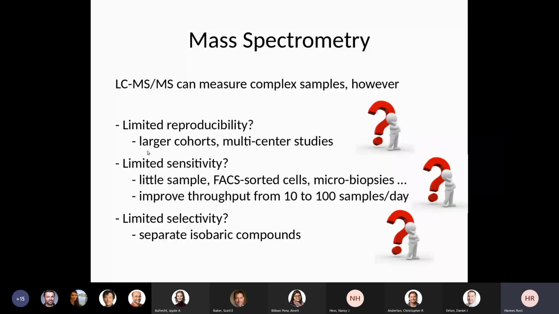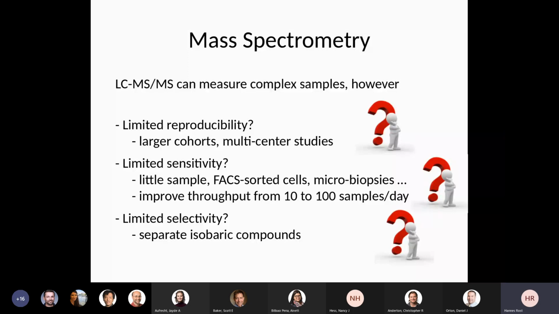Limited sensitivity is of course an issue when we are working, on the one hand, with small sample amounts. So if we work with FACS sorted cells, microbiopsies, or even going down to the single cell level, we would like to improve our sensitivity as much as possible.